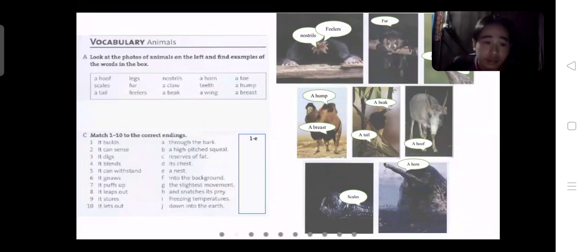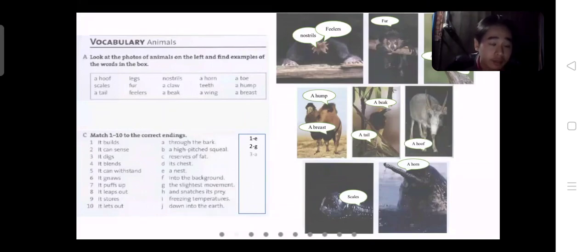And the next section is matching the words. We have 10 and 10 to match. I will read them for you. The first one, number one, goes to letter E: it builds a nest. Number two, to letter G: it can sense the slightest movement.